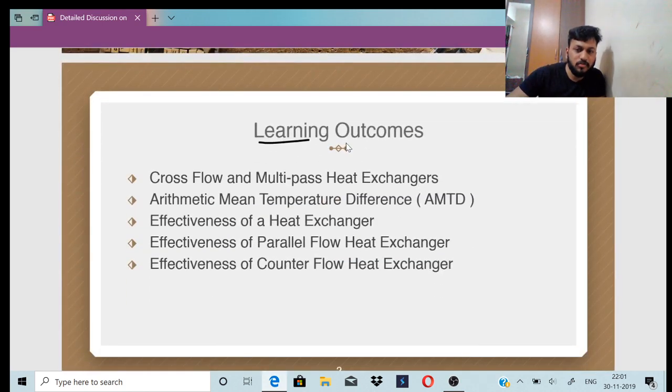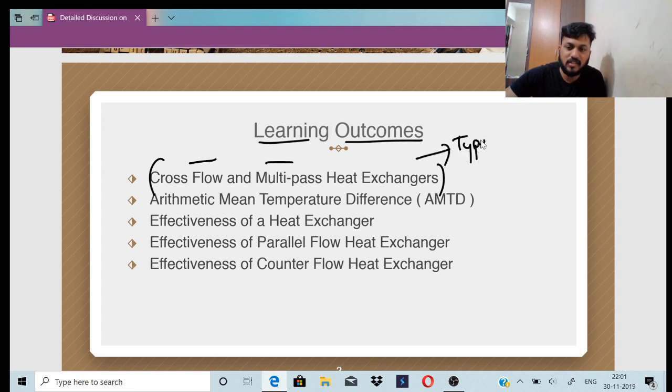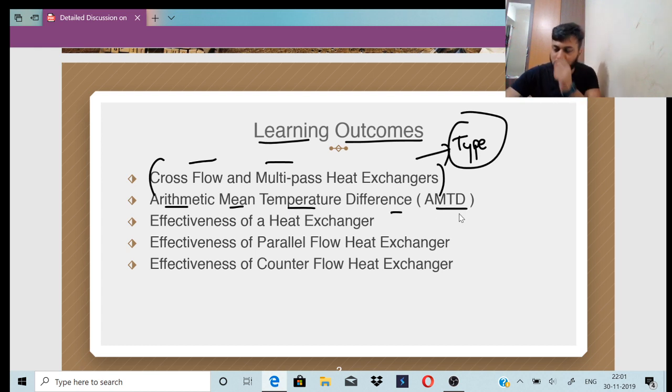The learning outcomes of today's lesson: I will teach you what is a cross flow and multi-pass heat exchanger, which is another type of heat exchanger. We will learn the arithmetic mean temperature difference, the AMTD formula.